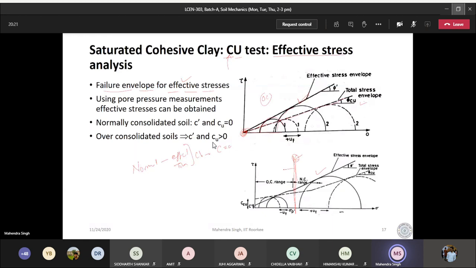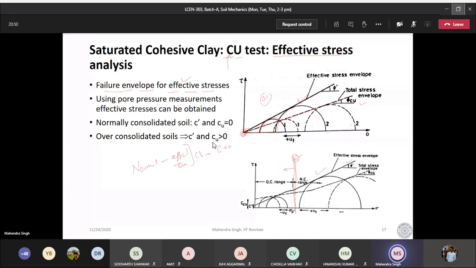If you do the test in this range, it means the soil has already been subjected to a pressure. You can remember it by making an analogy. Suppose you are compressing a soil and then removing that load, then it is going to develop some cohesion. The particles will be sticking to each other. But if you are loading it for the first time, then the cohesion will not be there.